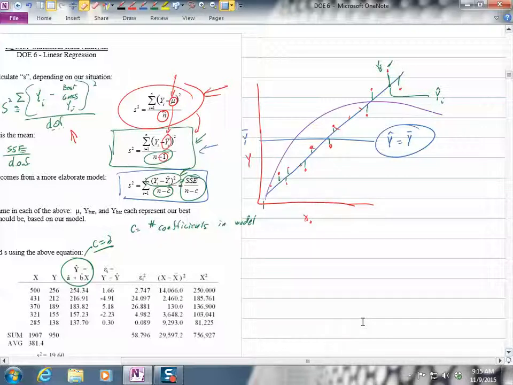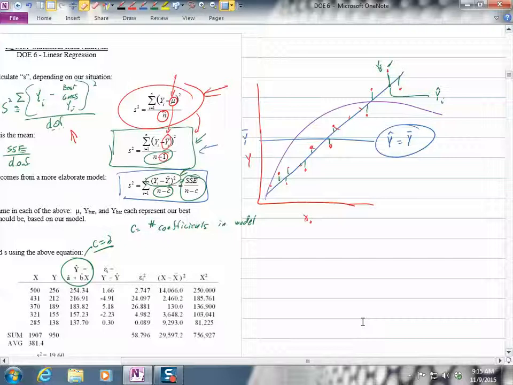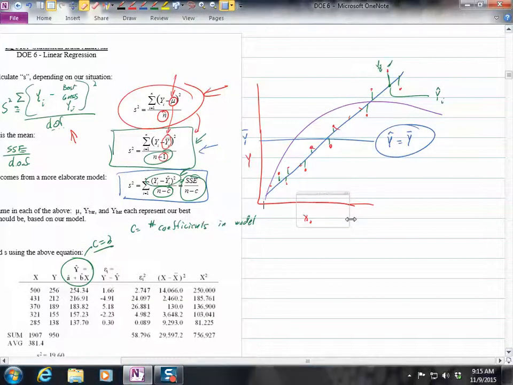So keep in mind, this value now, it depends on the model we pick. So we have to pick the right model to get the right level of noise. If we've got the wrong model, this is going to be inflated. Probably. There's another way we could get the wrong model. But in this situation, that purple model will give us a large estimate of the individual measurements. Does that make sense?